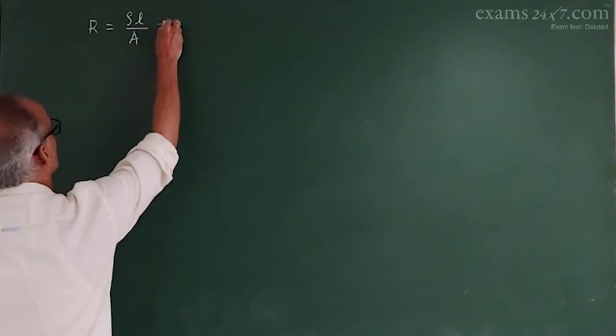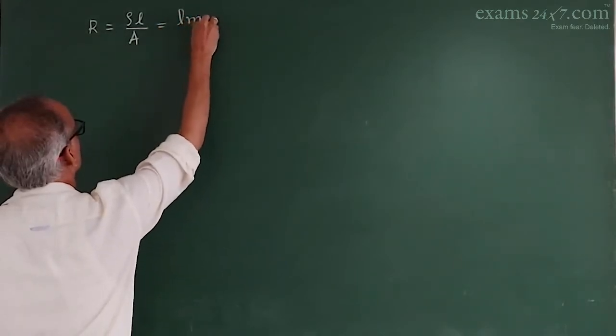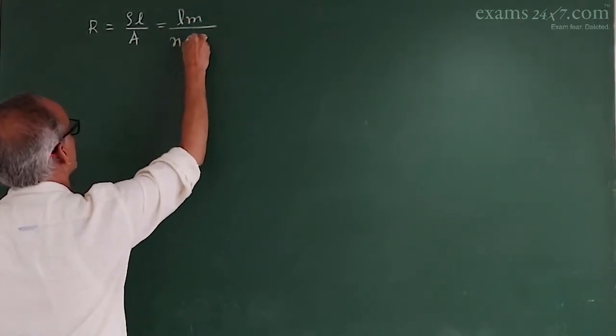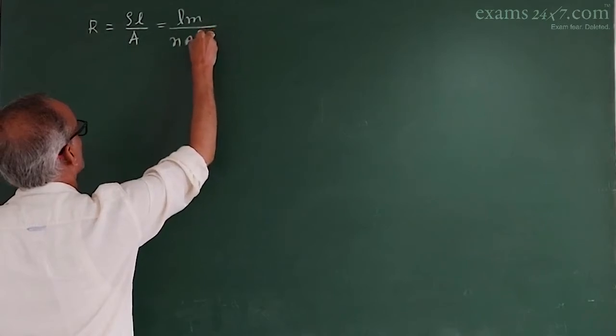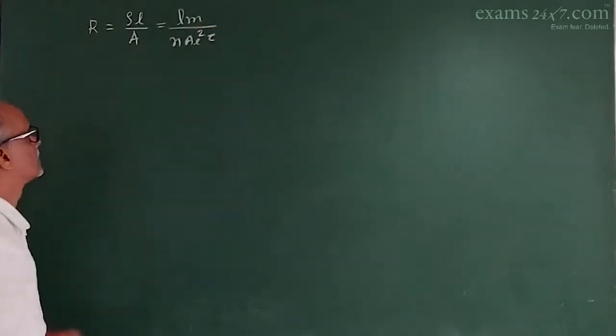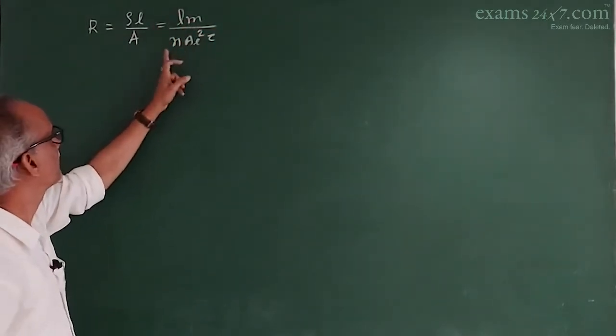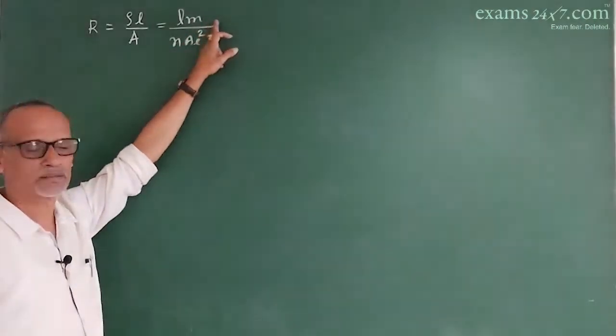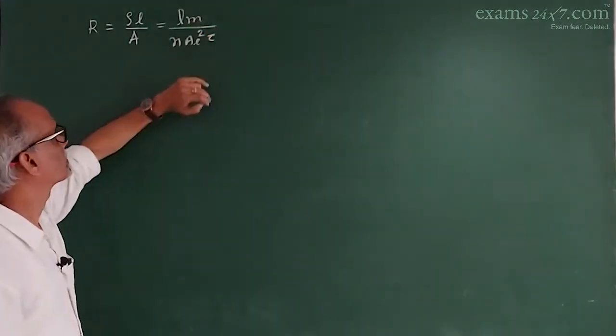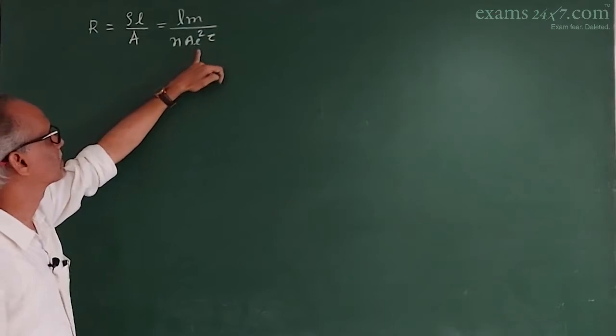This is also given by R = Lm by nAe square tau, where m is the mass of the electron, n the free electron density, e the charge of the electron, and tau the relaxation time.